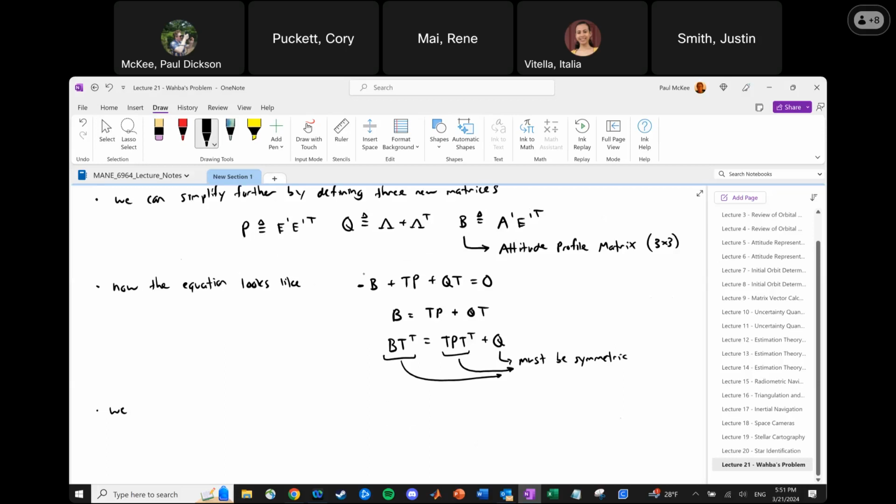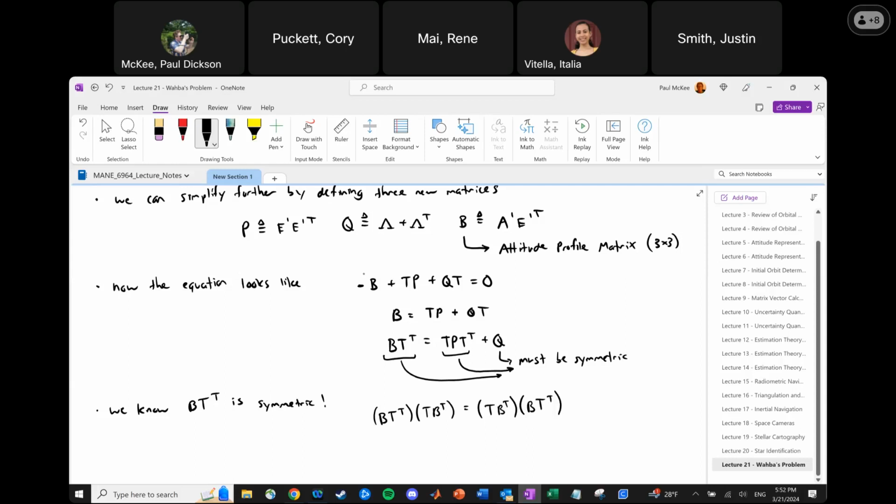So we know that BT transpose is symmetric. Whoop-de-doo, who cares? Well, here's why we care, right? So we can say that BT transpose multiplied by TB transpose is the same as TB transpose multiplied by BT transpose.